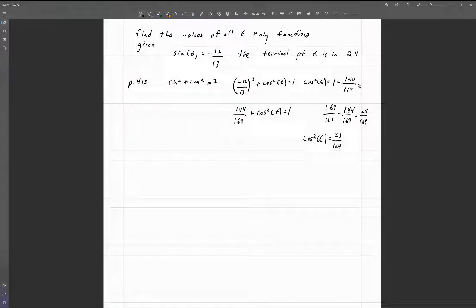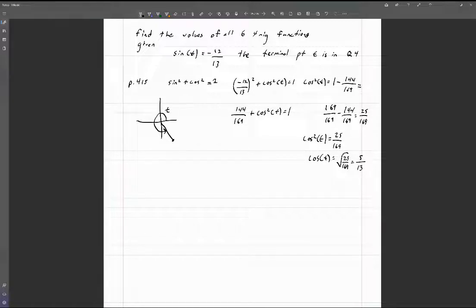So now we take the square root of that. We get cosine t equals the square root of 25 over 169. That's 5 over 13. Now, this is where the fact that this is in quadrant 4 is going to come into play. So we have this thing lies somewhere down here, and we're trying to find the x and y coordinates at that point.